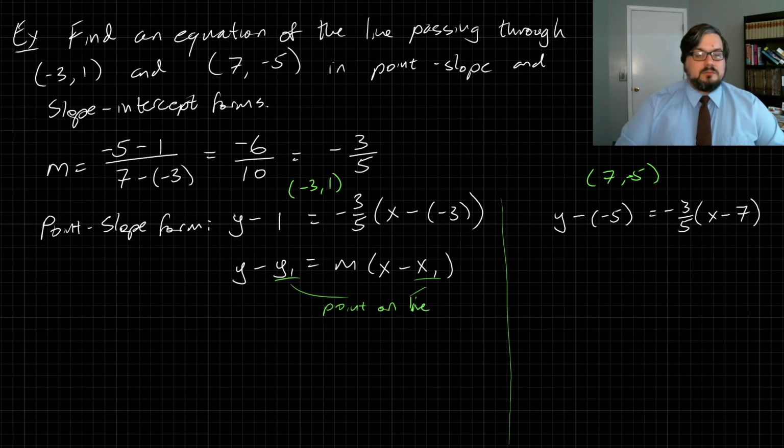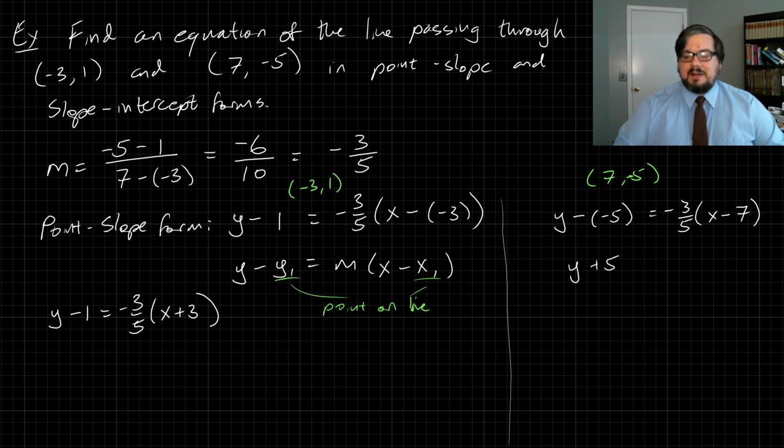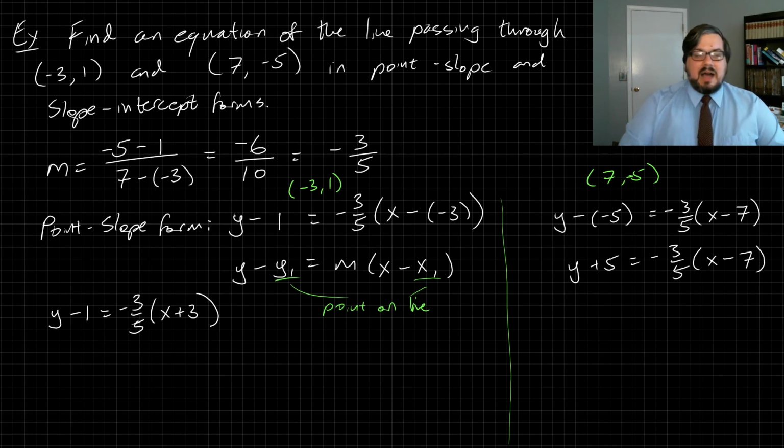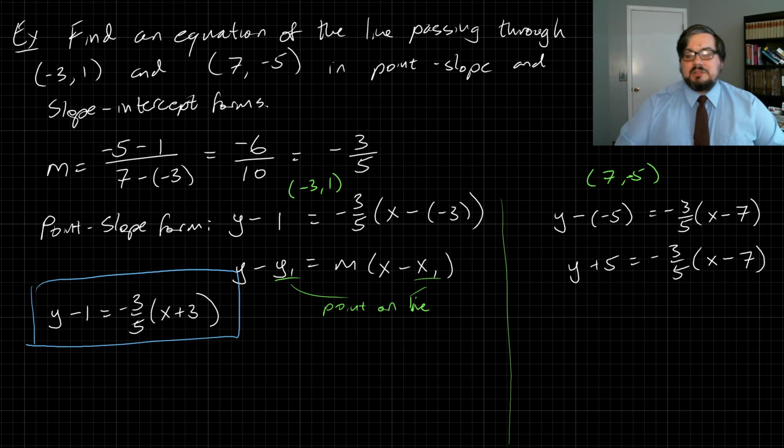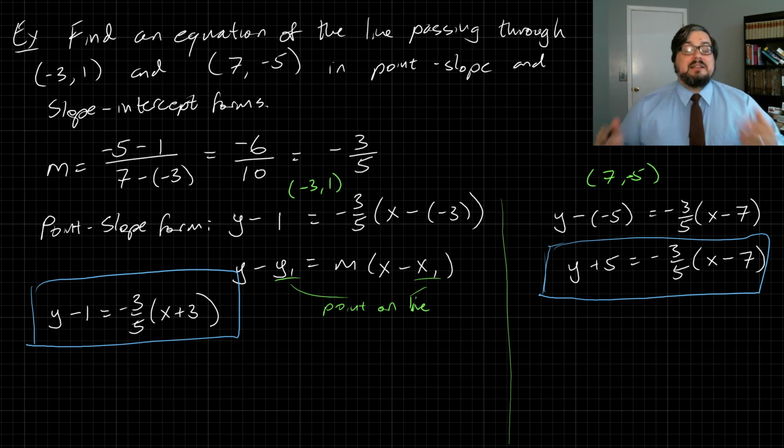So, simplifying the double negatives, we get y minus 1 equals negative 3/5 times x plus 3. And we get y plus 5 equals negative 3/5 times x minus 7. And either one of these 2 equations is a perfectly good answer to the question, find an equation of this line in point slope form. Both of these are equations of the line in question in point slope form.